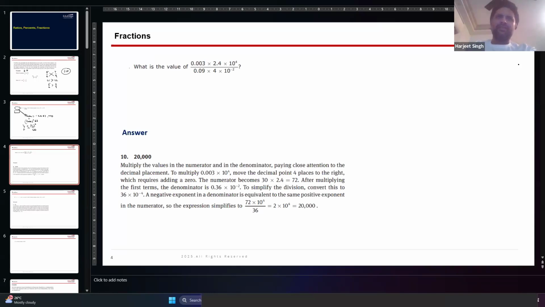All right. In some questions related to fractions, we need to be careful with zeros, decimals, or 10 to the power of some of these numbers, right? So for instance, in this fraction, in the numerator, we have 0.003, which can be simplified as 3 into 10 to the power minus 3.